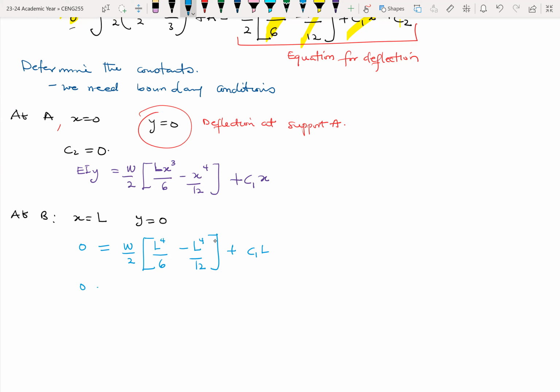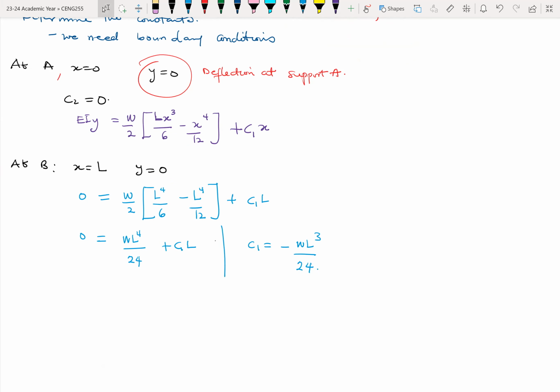Let me just simplify this. We get WL4 over 24 plus C1L. Okay. So here it simply means that our C1 will be equal to minus WL cube over 24.